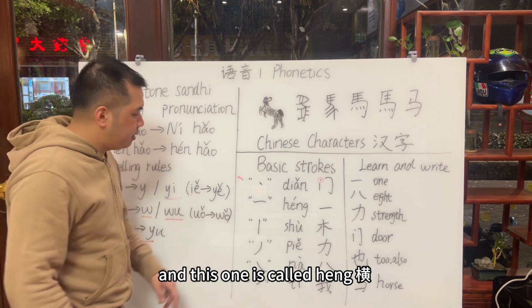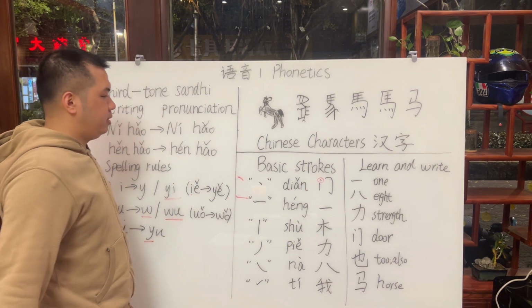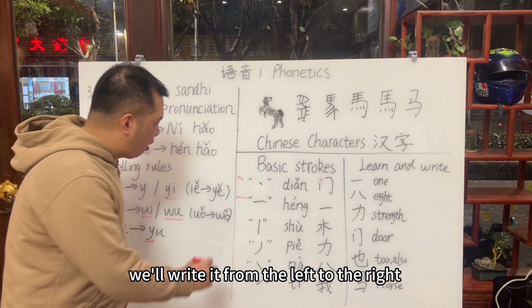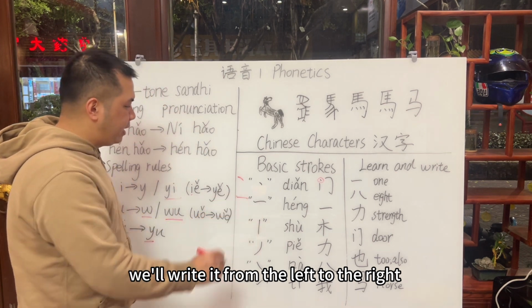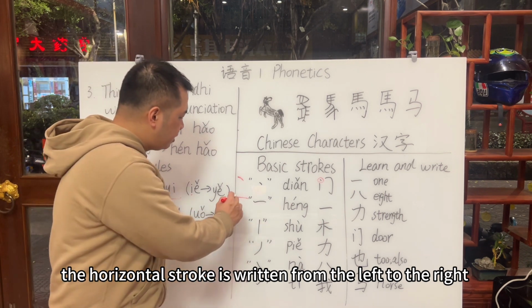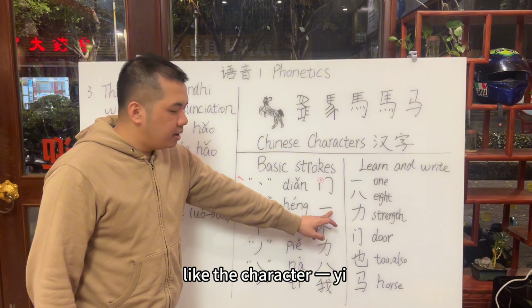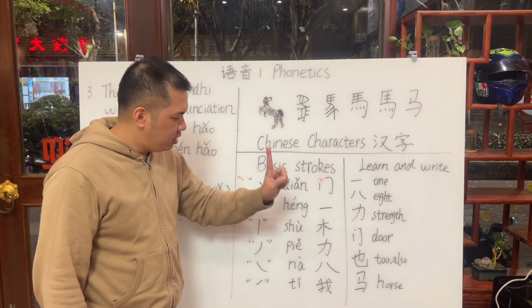And this one is called 横. We'll write it from the left to the right. The horizontal stroke is written from the left to the right. Like the character 一, 1.